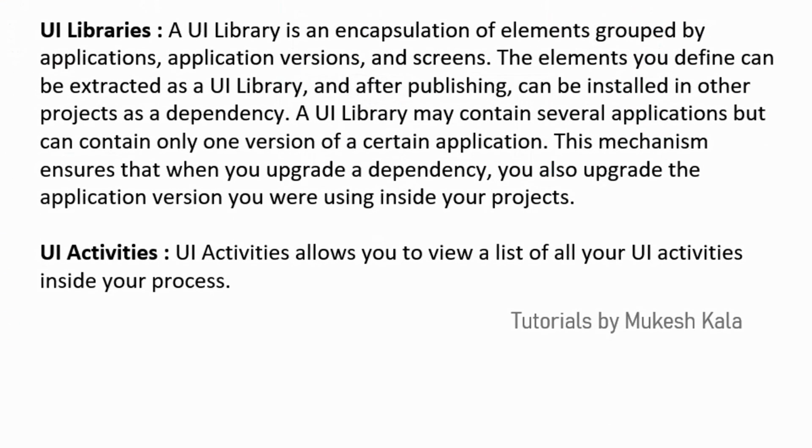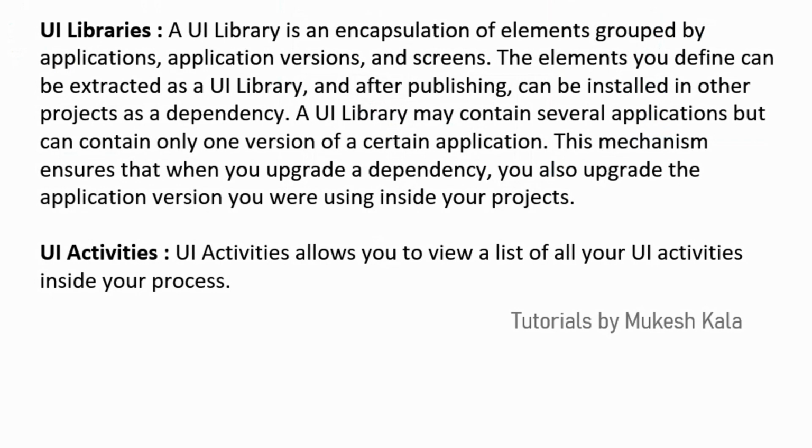A UI library is nothing but a library project where you encapsulate all the things like application, screen, UI elements together into a bundle, and that bundle can now be shared to different projects, right? As we did in the last video. So in the last video we created a UI library. So what was a UI library? It was a combination of the application, the screen and the UI elements all clubbed into a single thing which is called a UI library.